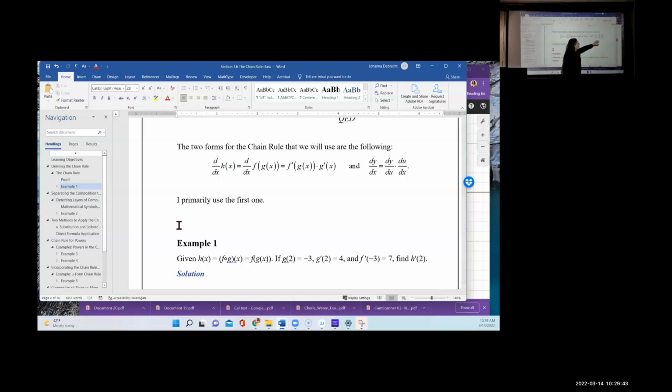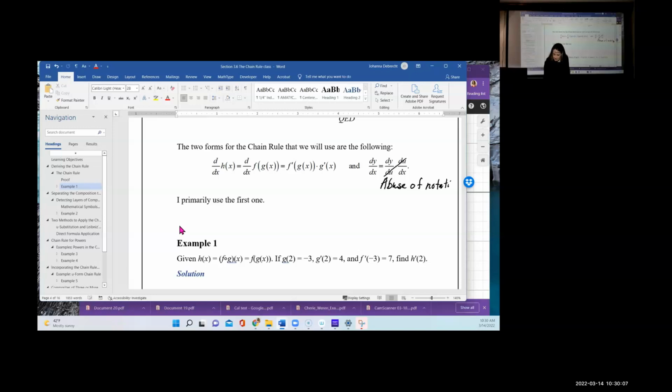In one, we make a substitution that the inside function is u, and we take a derivative of the outside function with respect to u, and then we take the derivative of the inside function u, and then we multiply them together. The fact that these two cancel, this is called an abuse of notation.